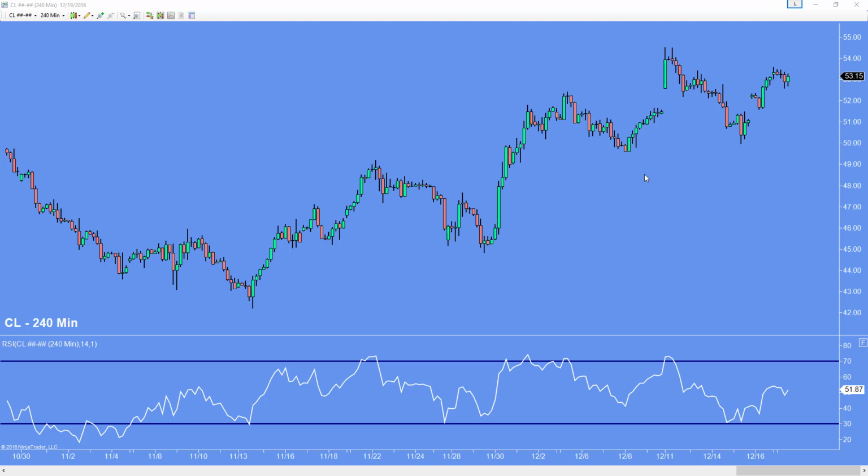Let's now move on to type 2 divergence, or hidden divergence, where for bullish hidden divergence, we're looking at higher lows in price and lower lows in the oscillator.